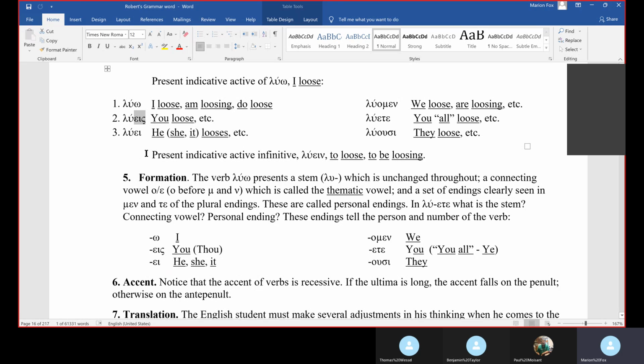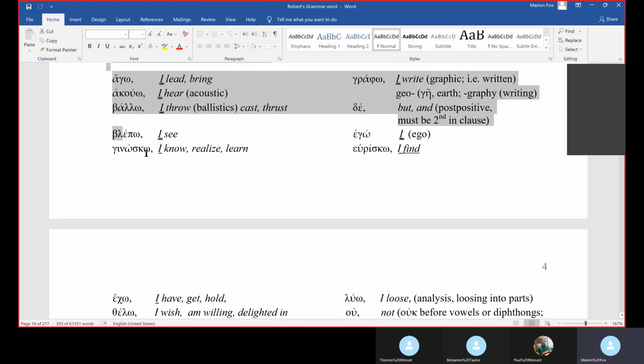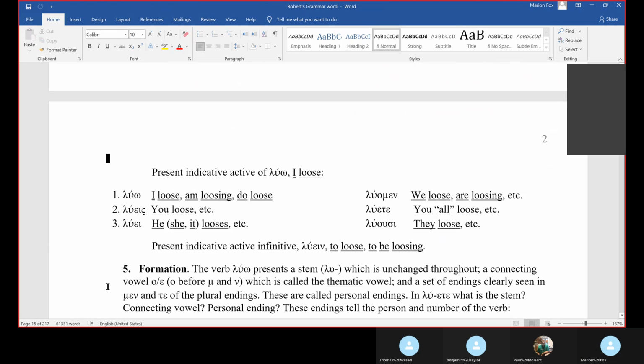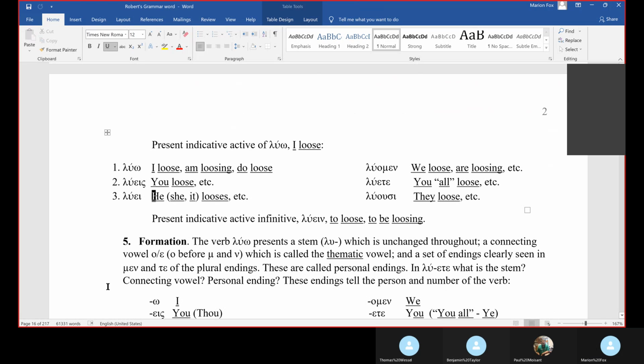l-o-o-s-e. Underneath it, down below, we have lu again, our stem.